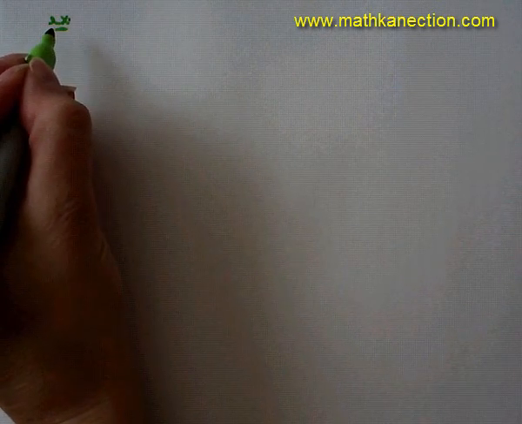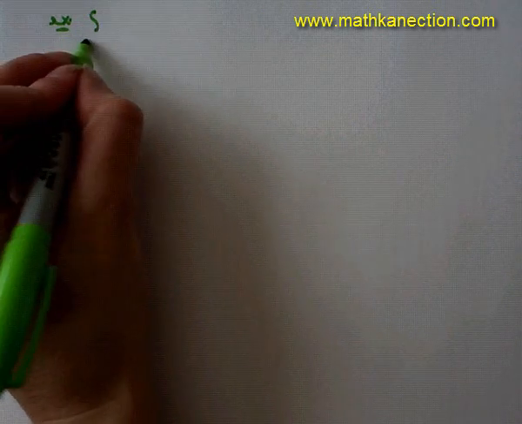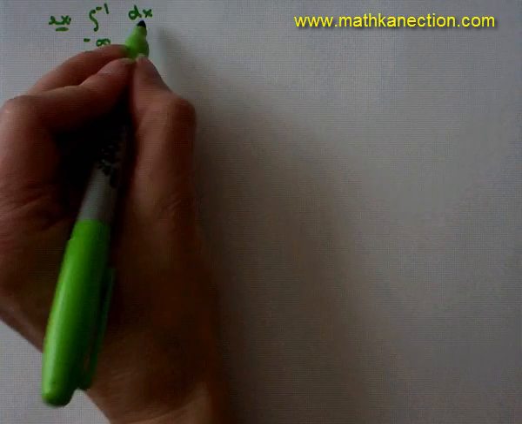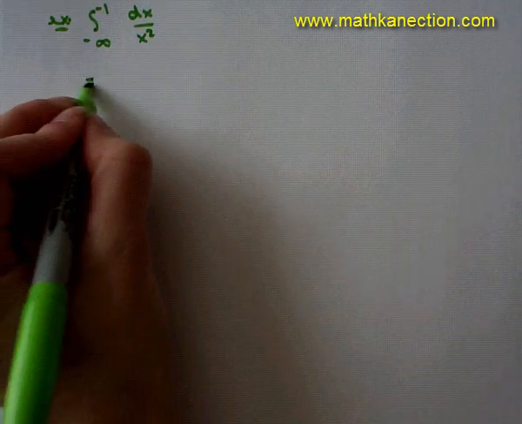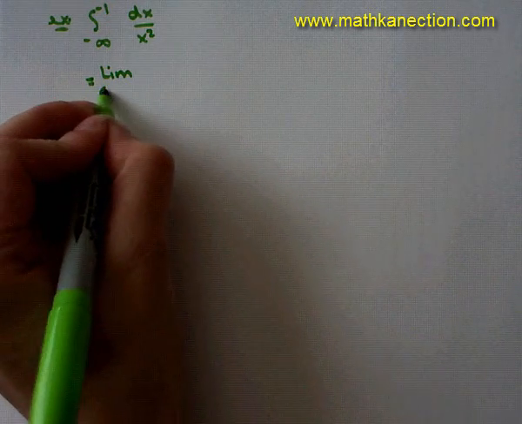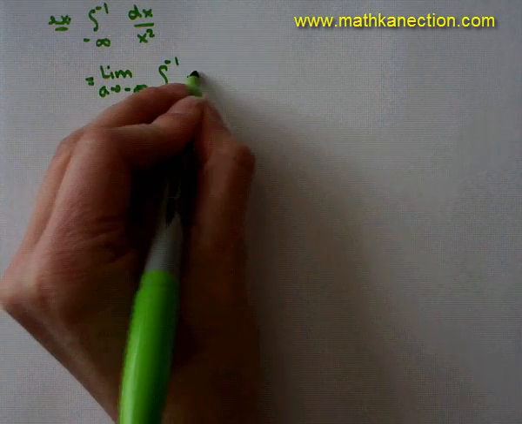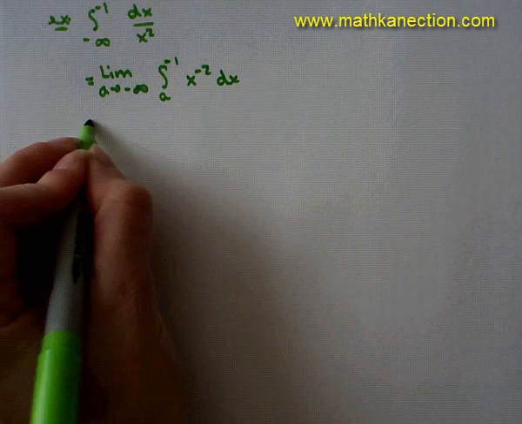The next example, you have the integral from negative infinity to negative 1 of dx over x squared. So look at it as the limit as a approaches negative infinity of the integral from a to negative 1 of x to the negative 2 dx.